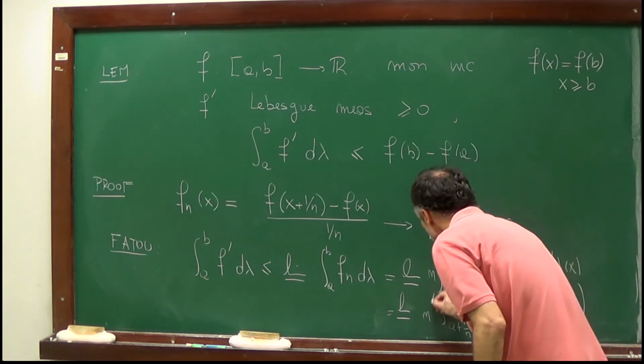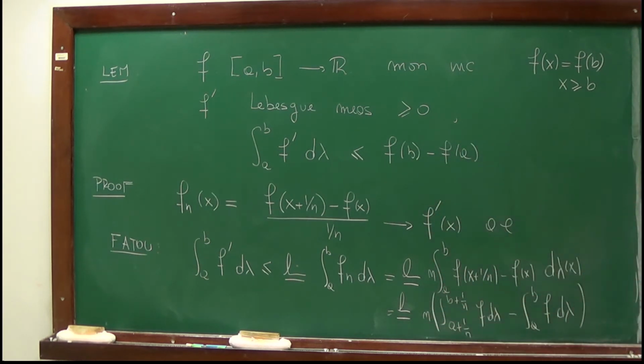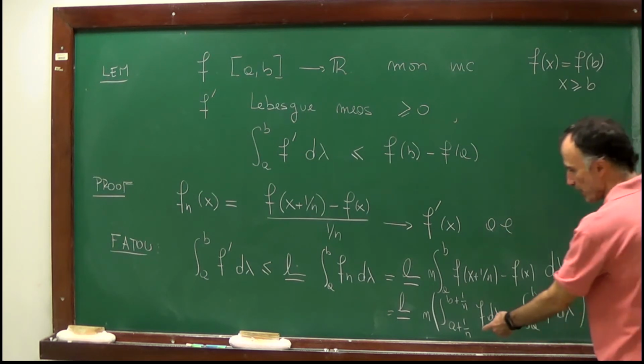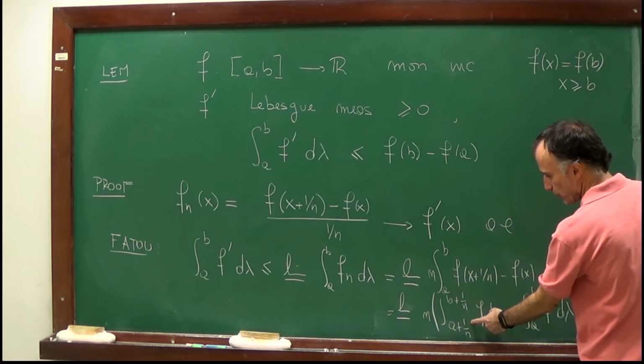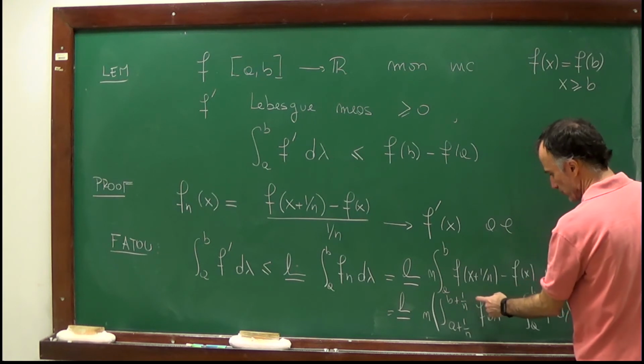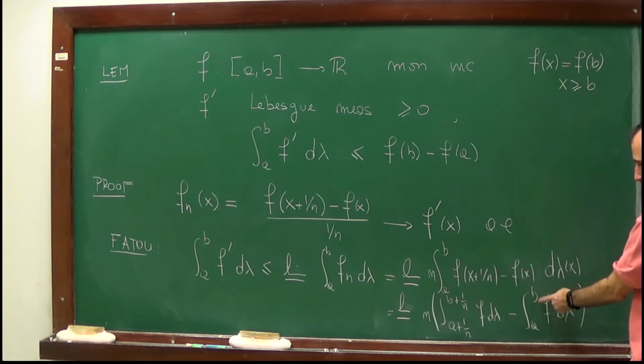And I'm taking the difference and multiplying that by n. So you see here I have the integral in the interval a plus 1 over n and b plus 1 over n, and here I'm removing the integral from a to b.